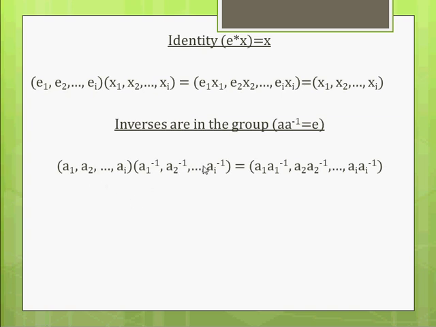And now when we multiply this together, again, we do multiplication by components, and that just turns out to be the identity in the first group, and then the second component is the identity in the second group, and so forth. So that's all 4 parts to showing that that's a group. So we're good. I forgot about the check mark.